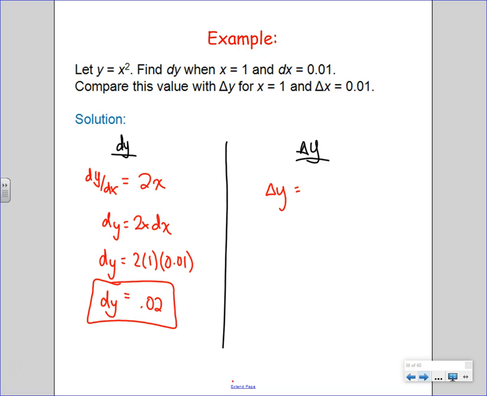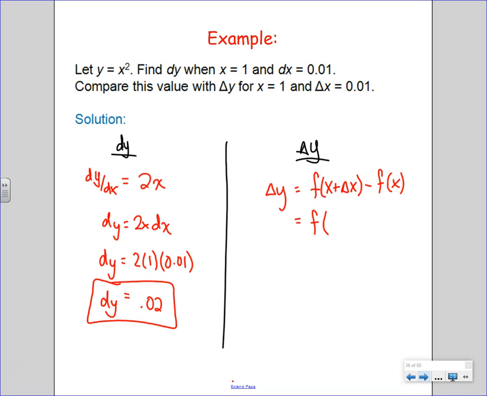Delta x is a change in x. Isn't delta y really just f of x2 minus f of x1, like y2 minus y1? But in context, the definition of the derivative is f of x plus delta x minus f of x. Where are we starting?